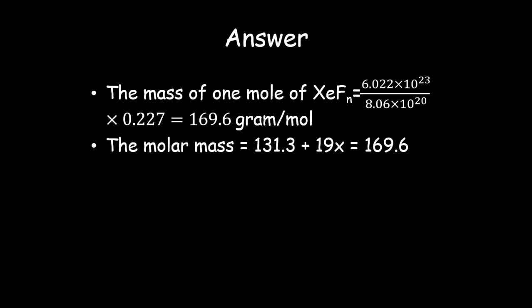The molar mass equals 131.3 plus 19x equals 169.6. So what are these numbers? 131.3 is xenon, 19 is F, x here is N, and 169.6 is obviously the molar mass.